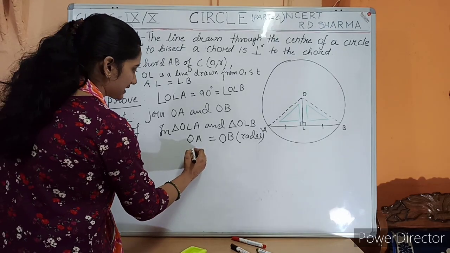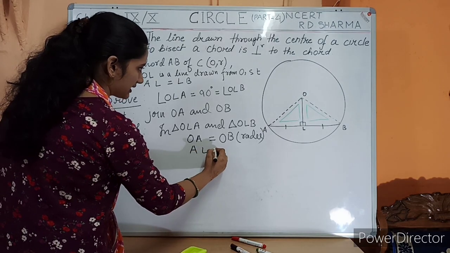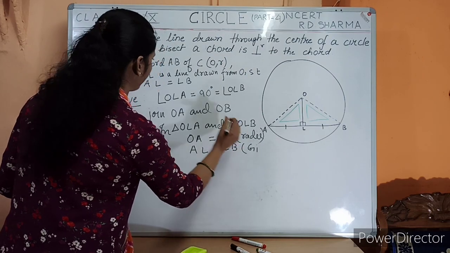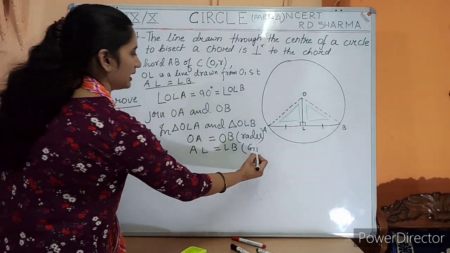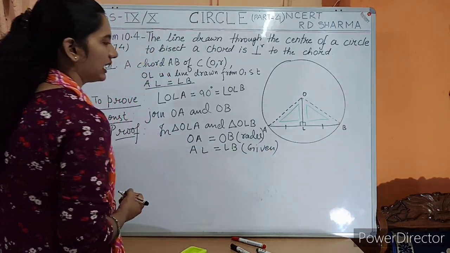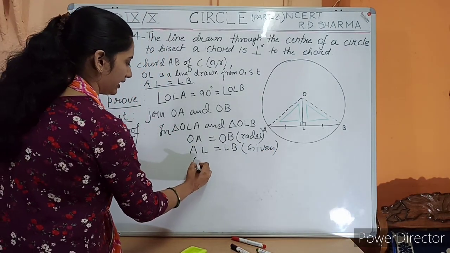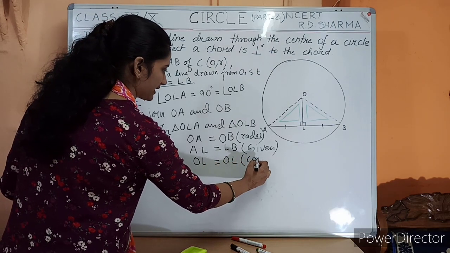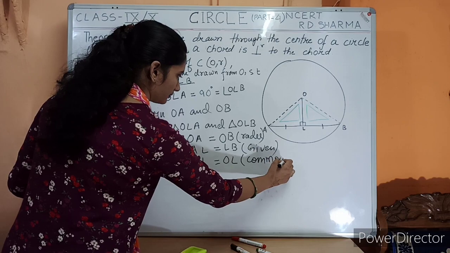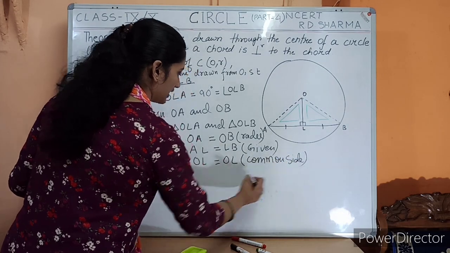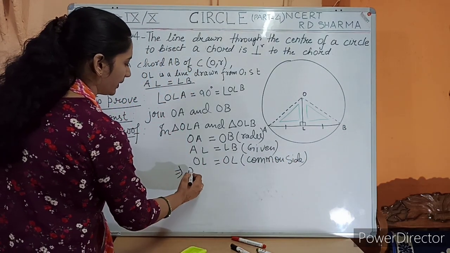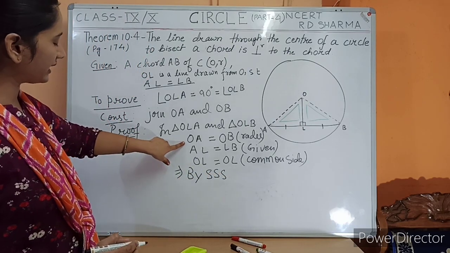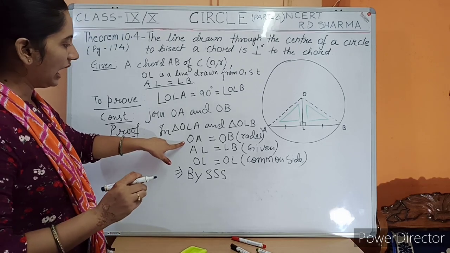And what else is given here? AL is equal to the length LB. This part is given to us. See here, this thing is given. The third thing is given here as OL is equal to OL, because it is a common side. So children, we can say by SSS, because all the three things which we have used here are sides.